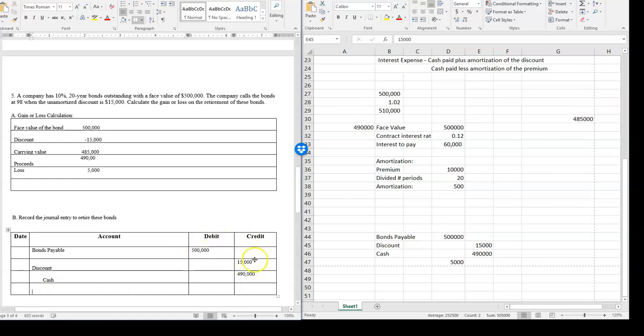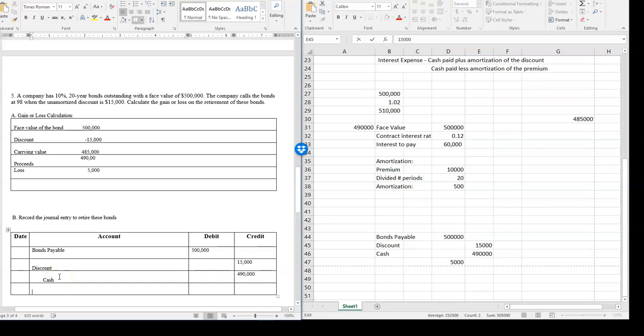And so if we look at this, right now on this side, I have 490 plus 15,000. 490 plus 15,000 is 505,000. I only have 500 over here, so that means I need a debit. So if I need a debit, I'm going to just put it right here.